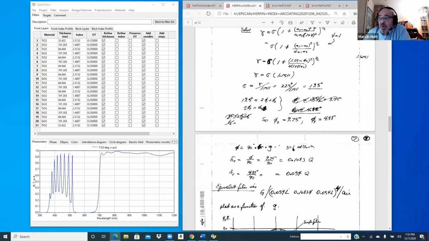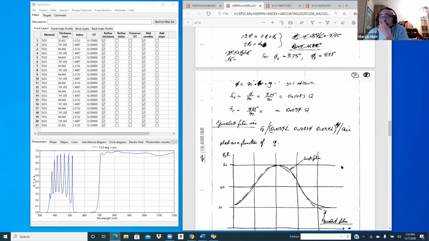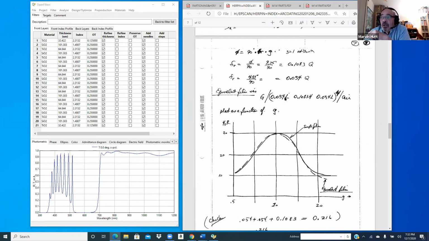And so that means that phi is FR times G, said G is equal to 1. You got FR is 0.1083 quarters, and the other one is 0.054 quarters. So the equivalent film is 0.054 low, 0.1083 high, 0.054 low, 4 times, okay?